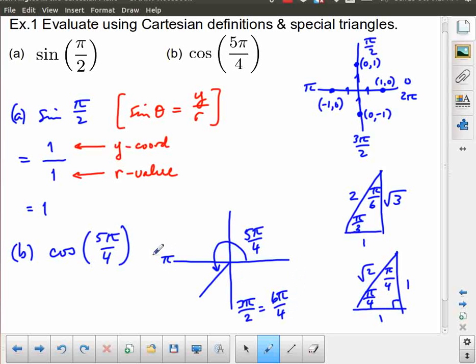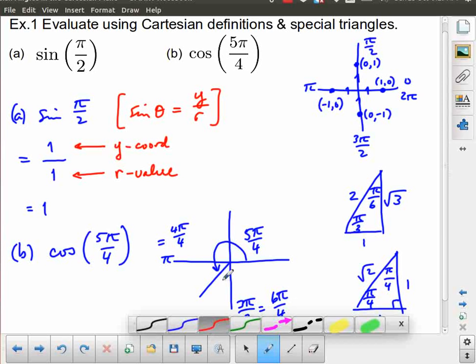That's another way to think about this: pi is the same as 4 pi by 4. So 5 pi by 4 is obviously between 4 pi by 4 and 6 pi by 4. I would hope that you can get to the point where you don't need to do this, but if you do need to do this, put these into common denominators with your principal angle. That's fine. It doesn't take that long, and it's definitely worth it.